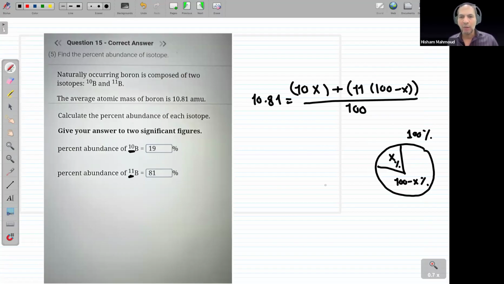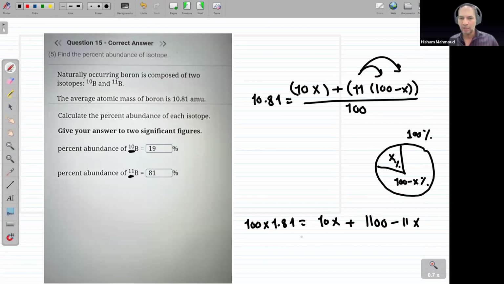I don't need to tell you what happens later, but if you are interested, 100 multiplied by 10.81 is equal to 10x, and distribute these two like a good math student. So plus 100 multiplied by 11 is 1100, and then minus 11x.